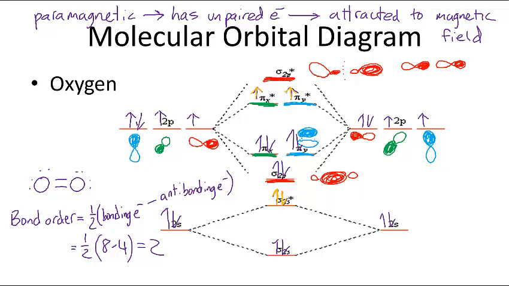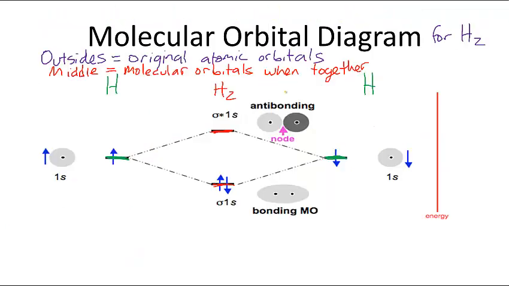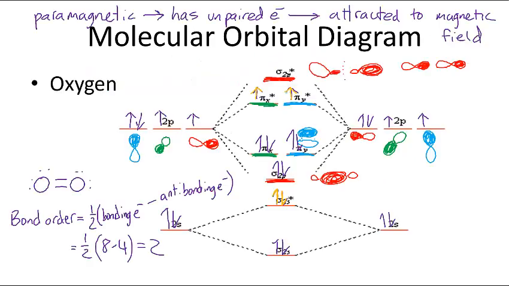So you can see when we go from hydrogen with just 2 atoms and 2 orbitals to then oxygen, which has still 2 atoms but lots more orbitals, you can see how the picture gets more complex but gets split into a bonding section and an antibonding section. So if you look at the oxygen, we have the bottom, that's the bonding section, and then the top, that's the antibonding section.